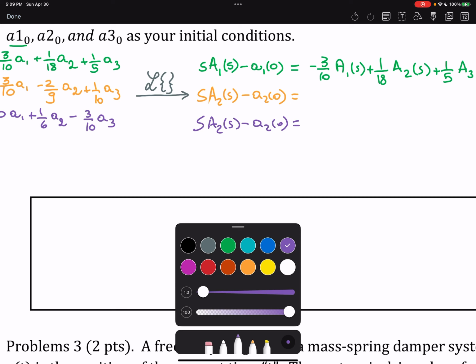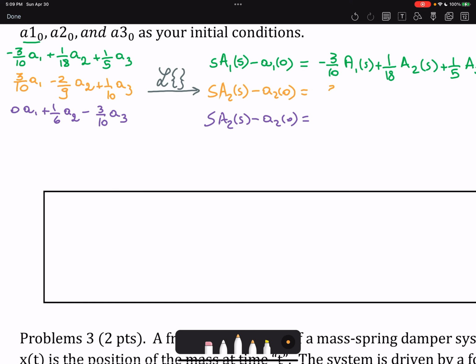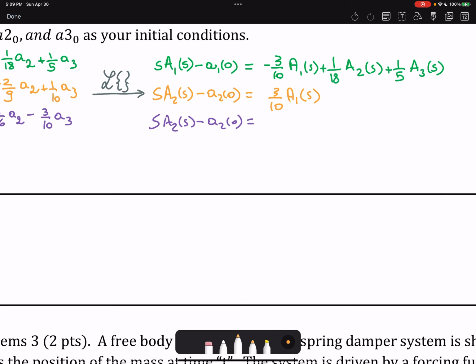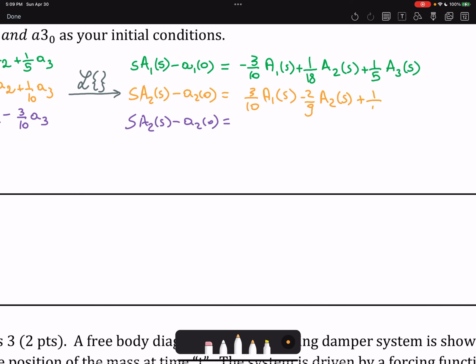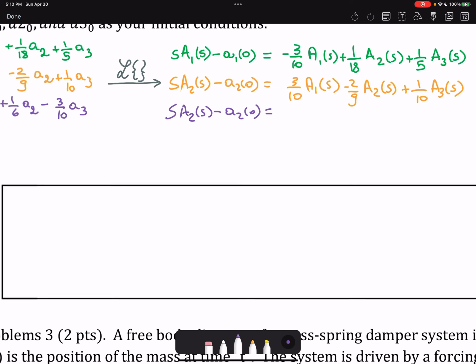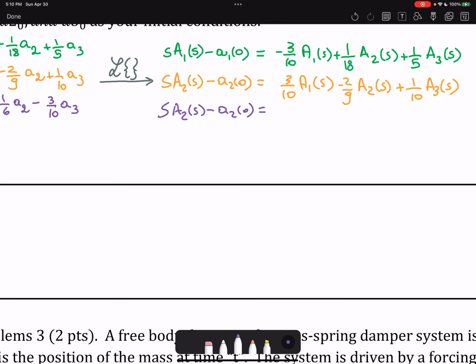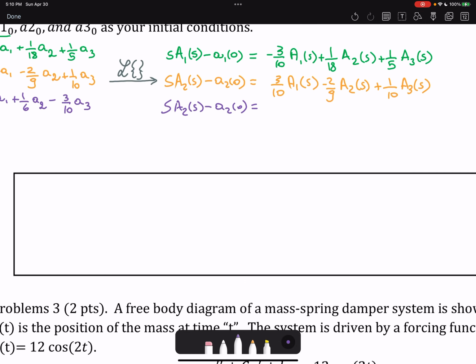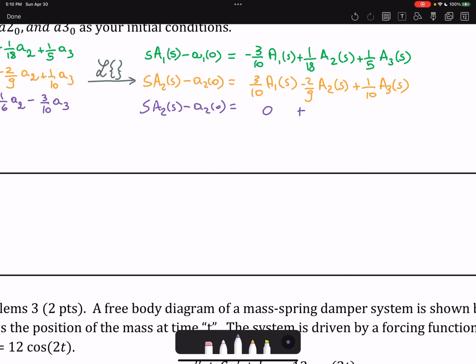So now let me get back to this color. We're going to have 3 over 10 A sub 1 of s minus 2 over 9 A sub 2 of s plus 1 over 10 A sub 3 of s. The last one is going to be this purple one, and it's going to be 0, so we really don't have anything here. 0 plus 1 over 6 big A sub 2 of s minus 3 over 10 big A sub 3 of s.